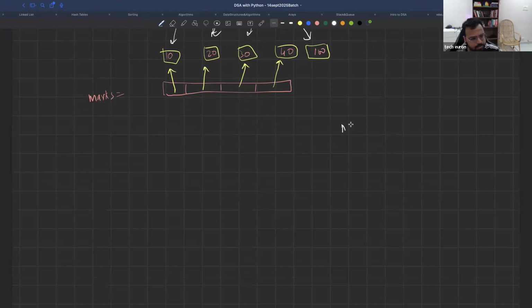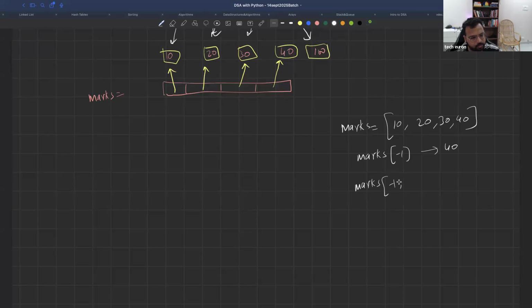अगर आपका मार्क्स ऐसा है, 10, 20, 30, 40. If you do marks -1, this will give you 40. If you do marks -1 colon, this will give you what?